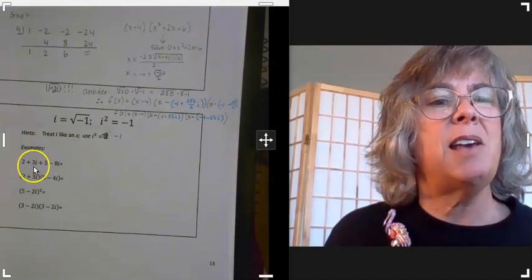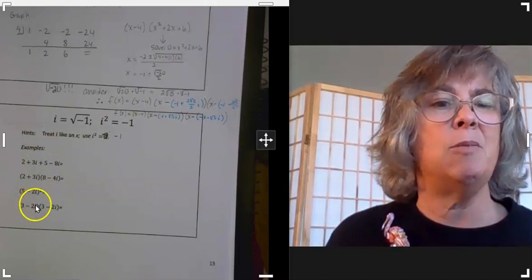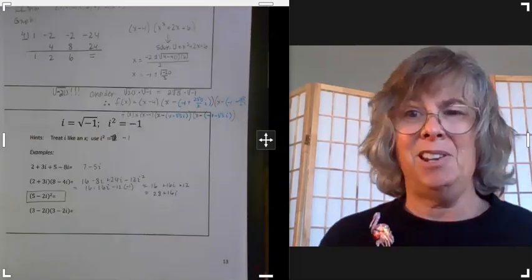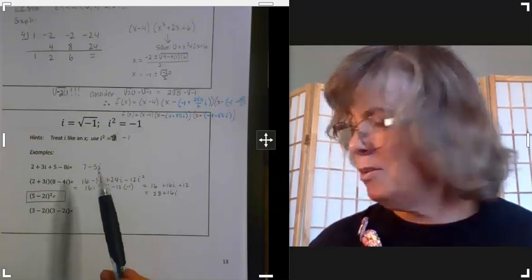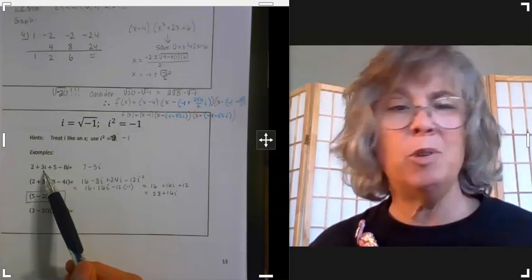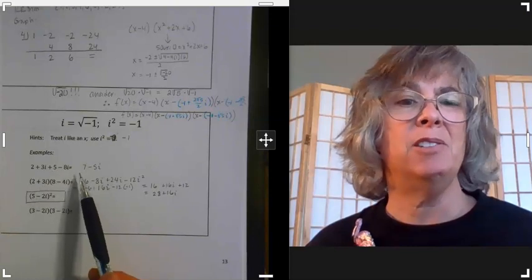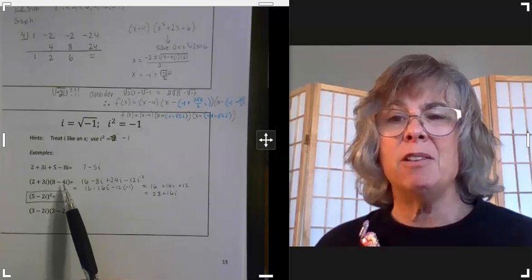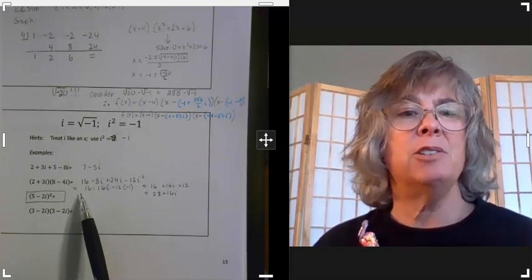So let's actually treat it just like an x and see if you can figure out what to do with these guys. So here's the first two. So you see you can combine these two just like you would if I was an x, and you can obviously combine the 2 and the 5. So we're there and we're done. We can FOIL this out, first, outer, inner, last, and I want to combine like terms.